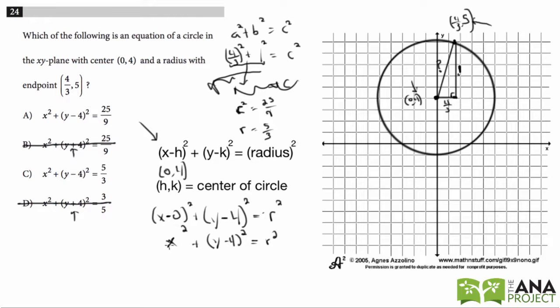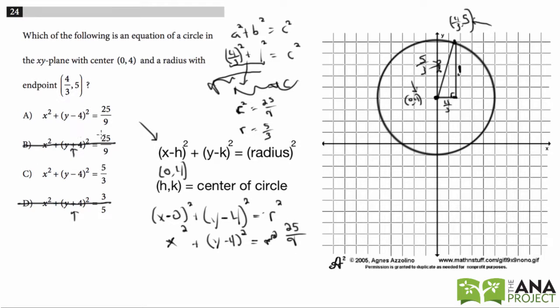So we have x squared plus y minus 4 squared equals, in the equation, it's radius squared. So we're not going to put that the radius is 5/3. But in order to put it in the equation of the circle, we need r squared. So we're going to go with 25 ninths.